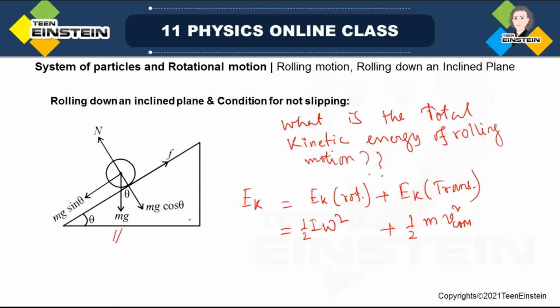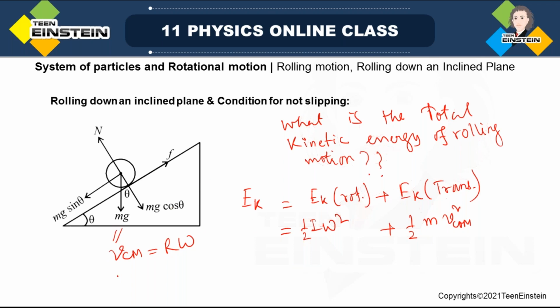As we know, for motion without slipping, vcm is equal to r into omega, okay. And then let me consider k is the radius of gyration.